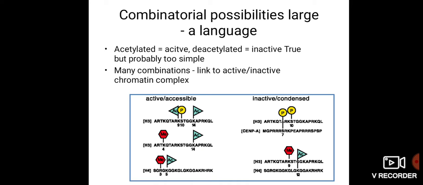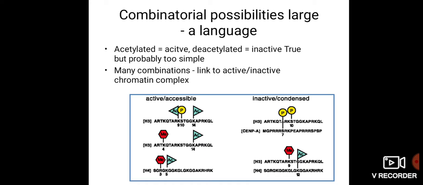For example, acetylation can activate a particular gene, in other words it activates transcription, whereas deacetylation causes inactivation or repression of transcription. So whenever a particular part of the DNA gets acetylated, meaning histones get acetylated within the chromatin, we can say that part of the DNA or gene is being transcribed or is getting ready to be transcribed.